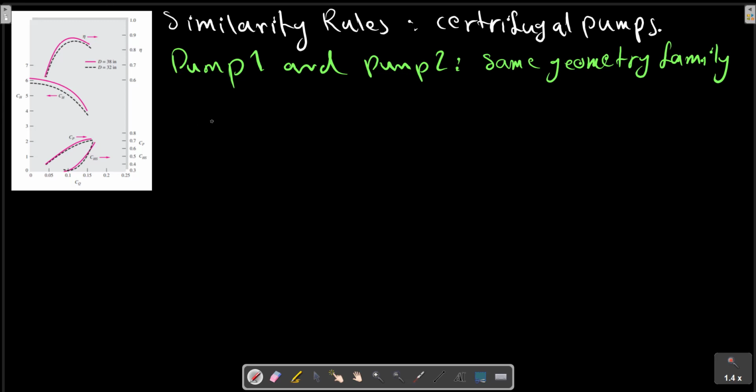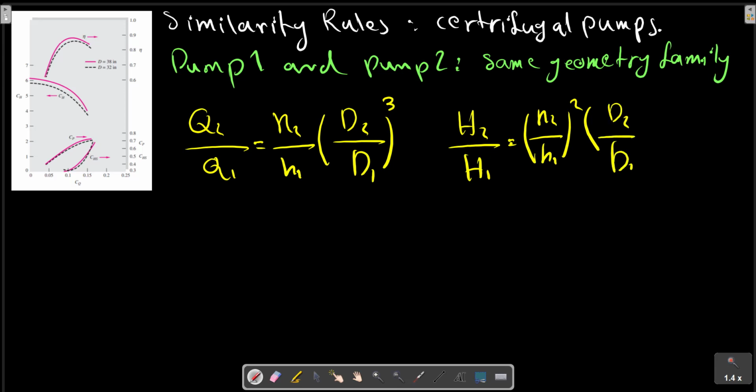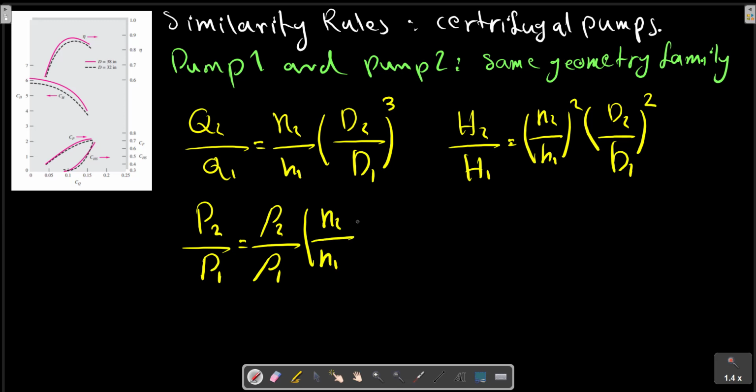the rules of similarity: flow rate similarity, H2 on H1, P2 on P1, rho 2 on rho 1, N2 on N1 for the pressure similarity of two pumps in the same geometry family.